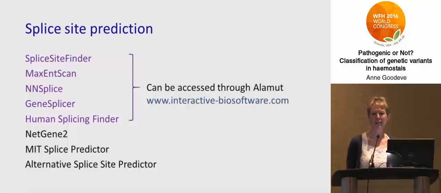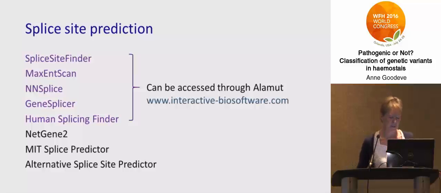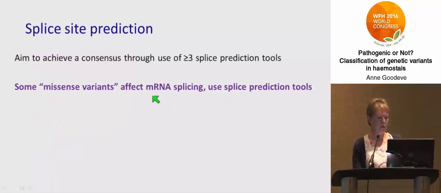It's gone up from £3,000 a year to £20,000 a year within the space of a couple of months. So they're making lots of money out of it. But it does give us access to a number of tools that can be used together for helping with our pathogenicity predictions. And there are a number of other splice site prediction tools that are also useful if you're not achieving a consensus when using this panel.